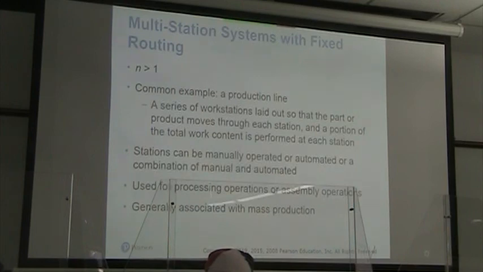Our stations can be manually operated or automated, or a combination of those. We can use this idea for processing or assembly operations. And usually we're associating that with a mass production paradigm.